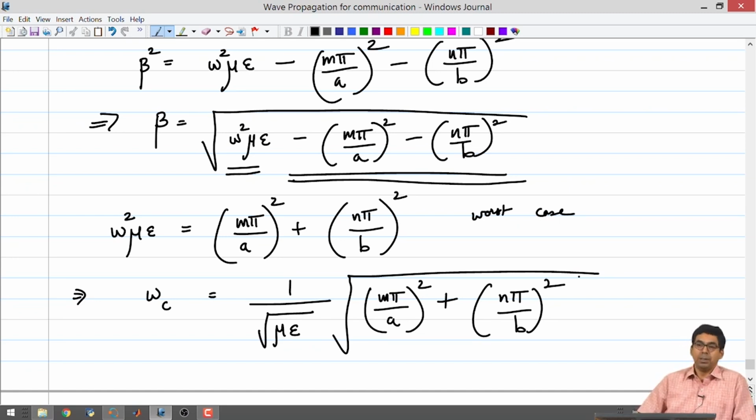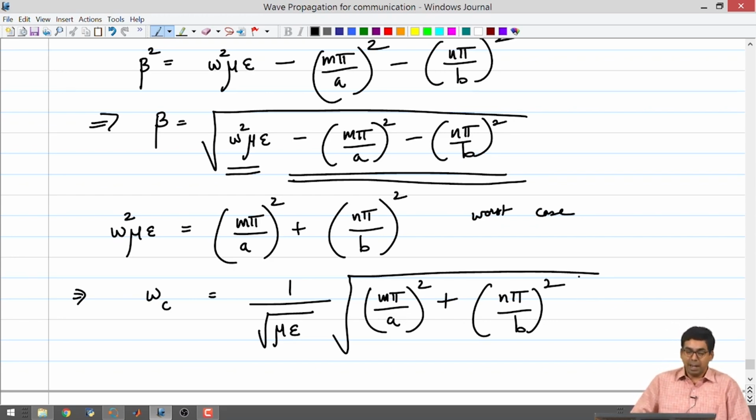Beta becomes equal to 0, you do not have a travelling wave. This forms the ultimate lower bound, and this is the frequency at which beta is equal to 0. That means at frequencies higher than this, beta is going to be a real number, so you have a travelling wave.